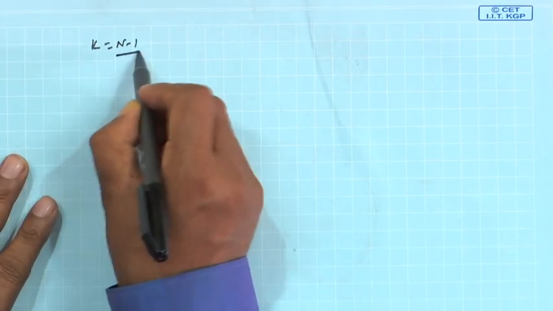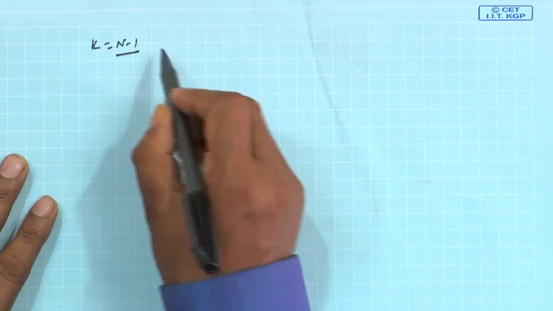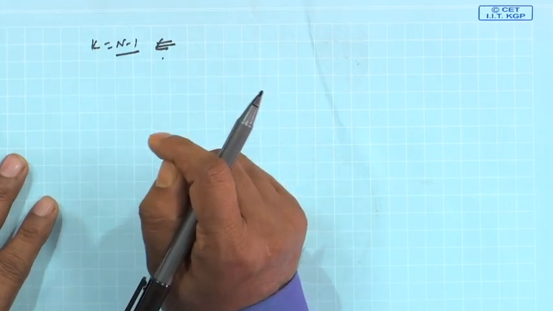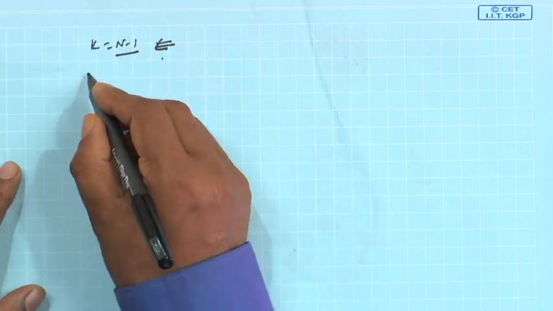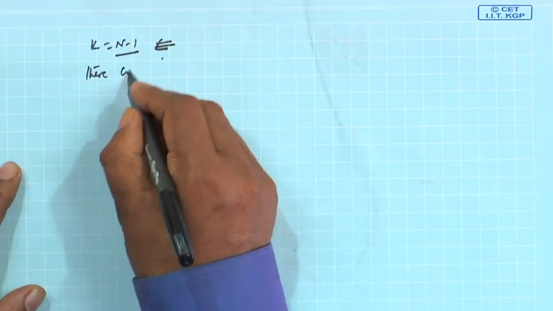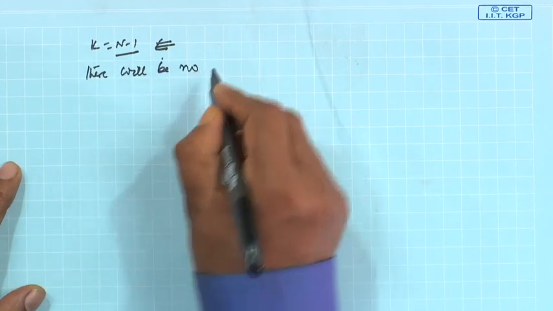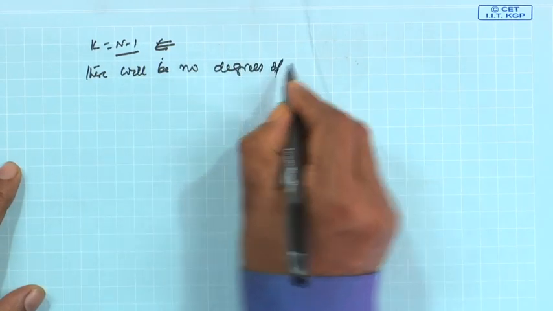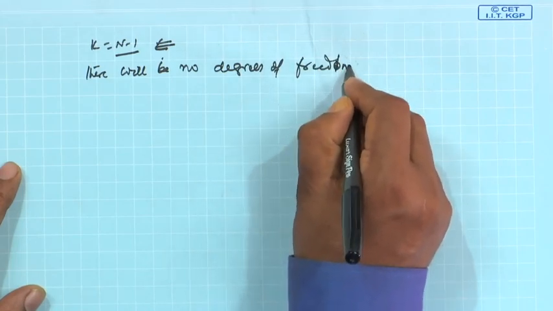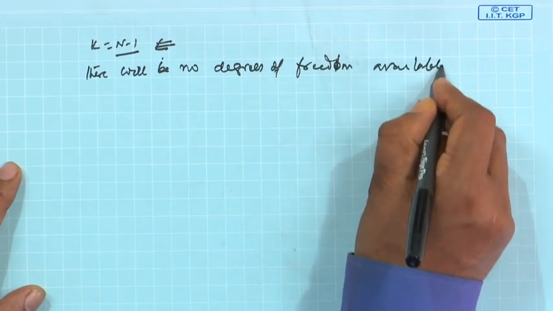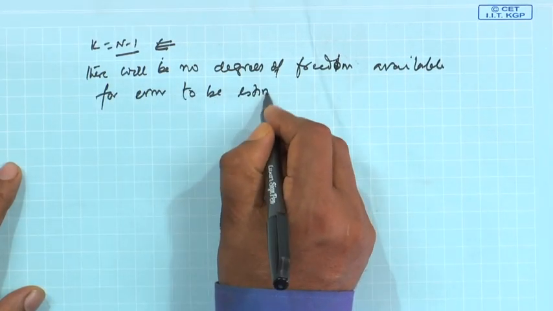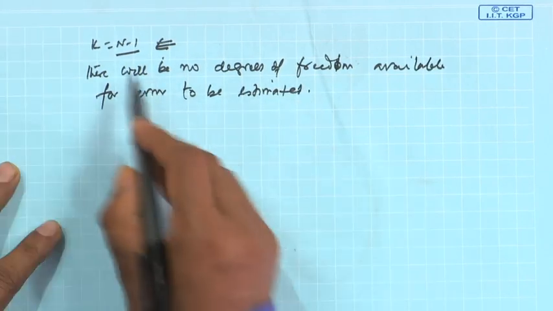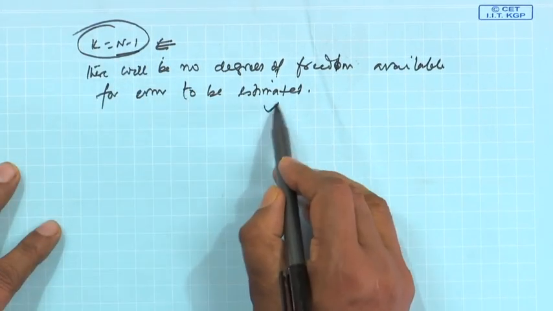As k equal to n minus 1, and this is basically the case where PB is used, there will be no degrees of freedom available for error to be estimated. If the situation is like this, error cannot be estimated.